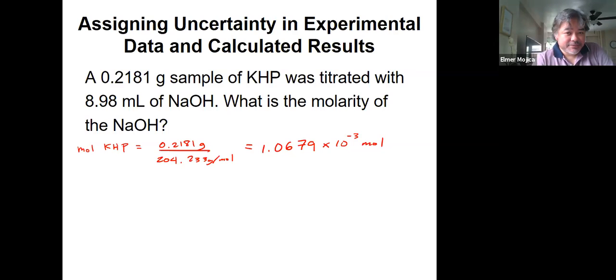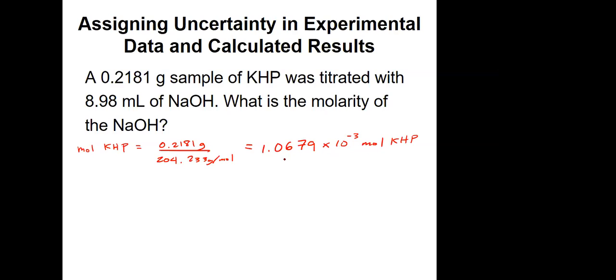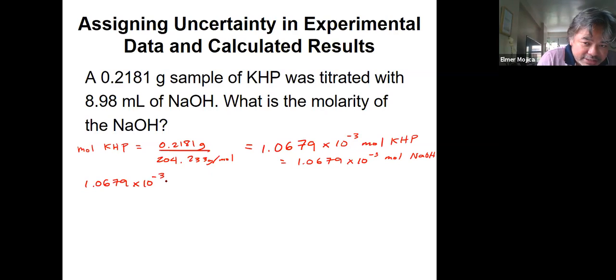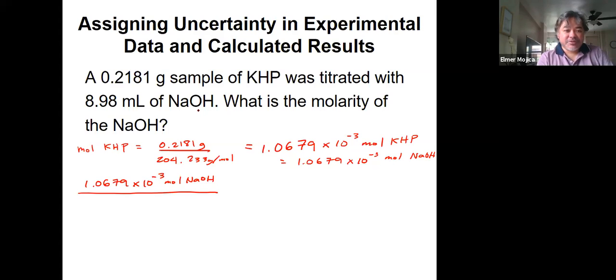Are you still with me? Yes. This is also the same number of moles as your NaOH. So we're going to use that number to get the molarity. How? We have the corresponding volume of your NaOH.